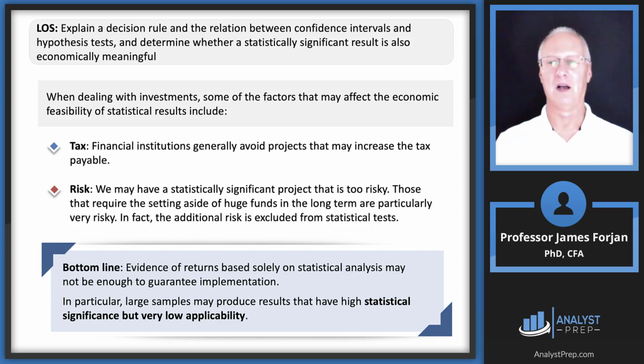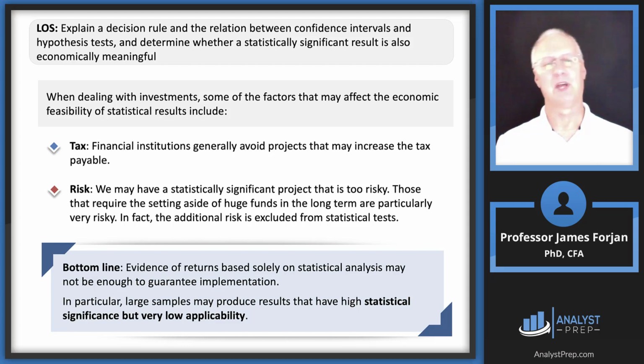Humidity, whether the track is wet or not, you know, making this stuff up. So look at that. I'm going to read this to you. When dealing with investments, some of the factors may affect the economic feasibility of that statistical result that we may or may not be interested in. So taxes and risk are the two that the reading emphasizes.